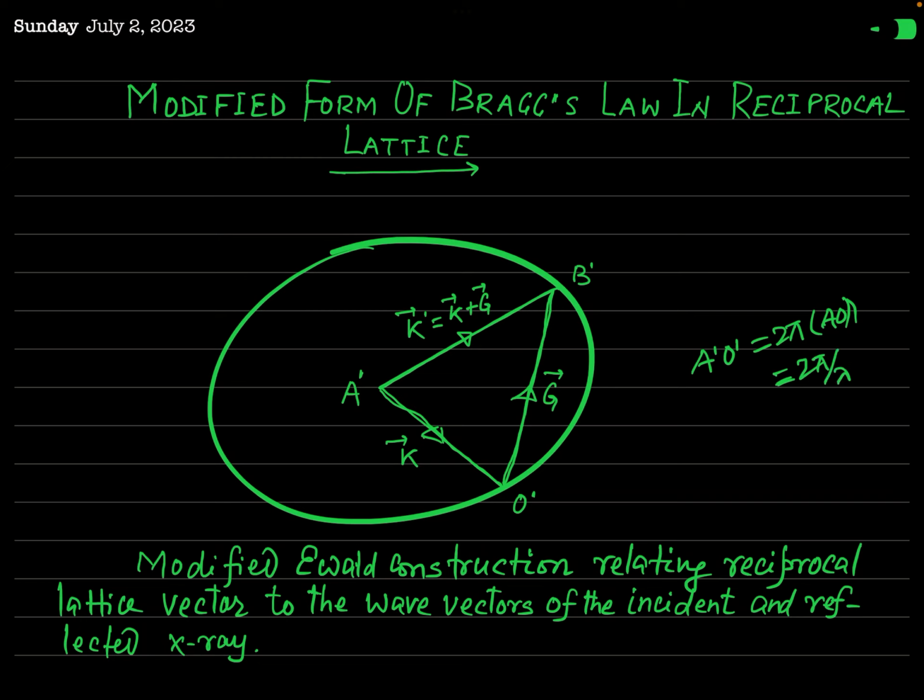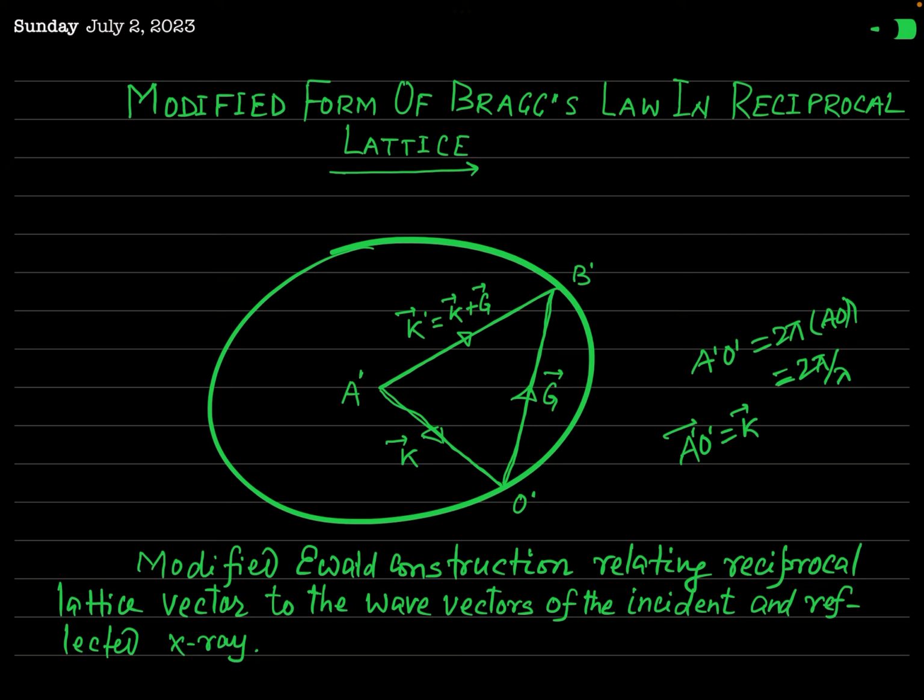But you know that 2 pi over lambda is the wave vector. So in vector form, I have denoted this vector A prime O prime as the wave vector K. This actually represents the wave vector of the incident X-ray or incident radiation. Okay.